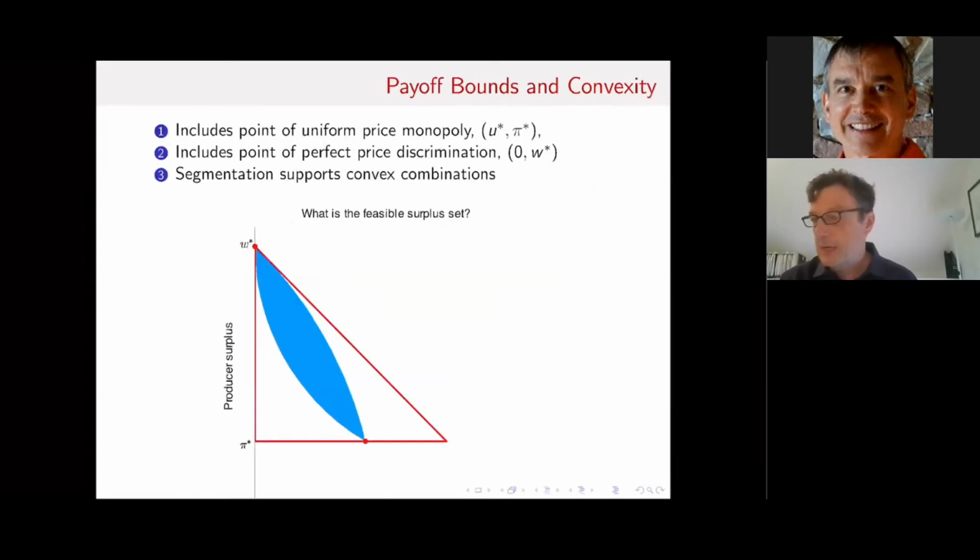So, for example, I might think that convex combinations, that is, sometimes having perfect information and sometimes having no information, would give us a convex set between these two points, sort of a lens, in which we could realize pairs of surplus.